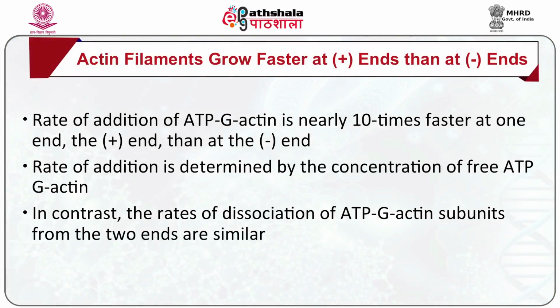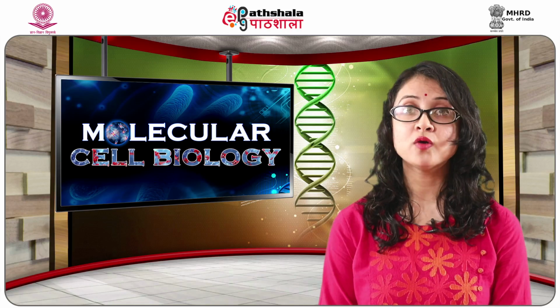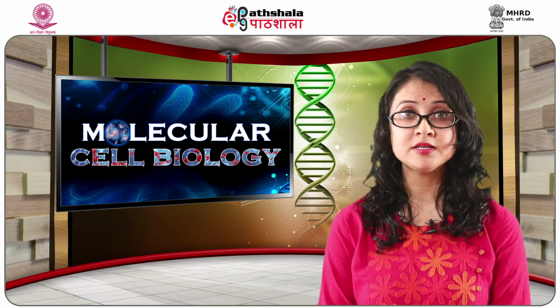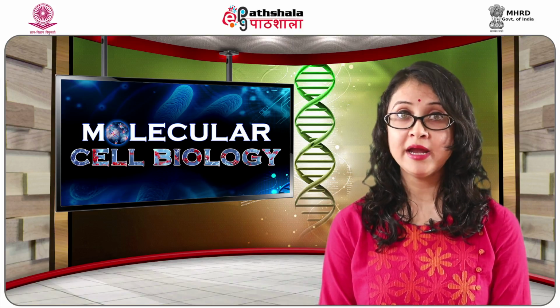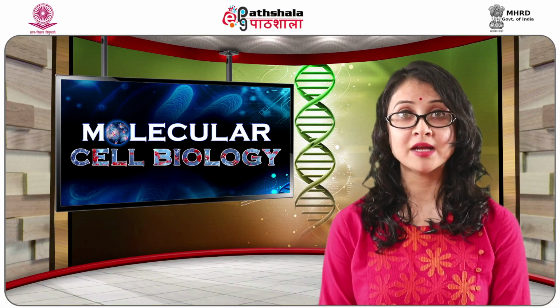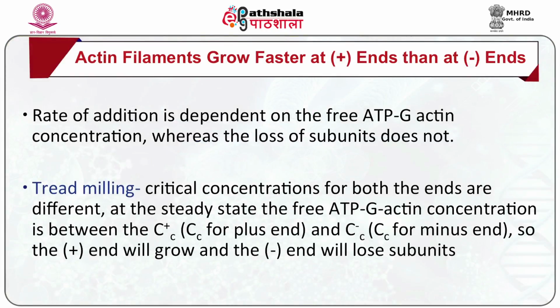In contrast, the rates of dissociation of ATP G-actin subunits from the two ends are similar, about 1.4 per second from the plus end and 0.8 per second from the minus end. The rate of addition is dependent on the free ATP G-actin concentration, whereas the loss of subunits is not.